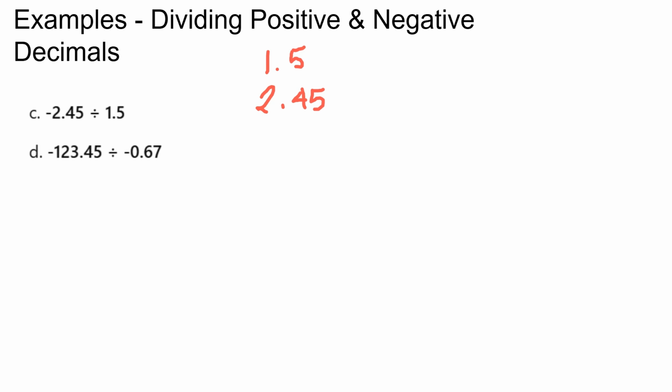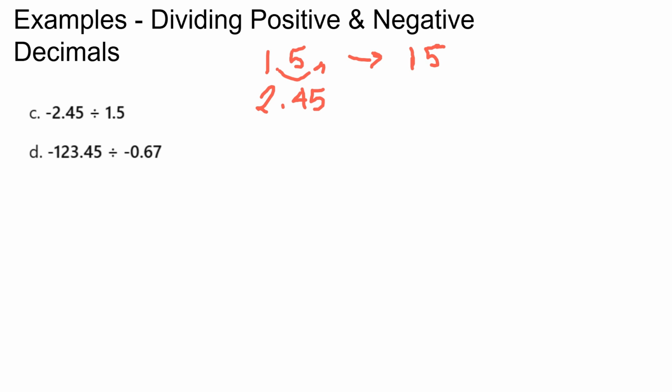We will move the decimal point to the right. So it's now 15. You see it's now a whole number. If you have moved your decimal point in your divisor, you must also move the decimal point in your dividend the same number of places to the right.